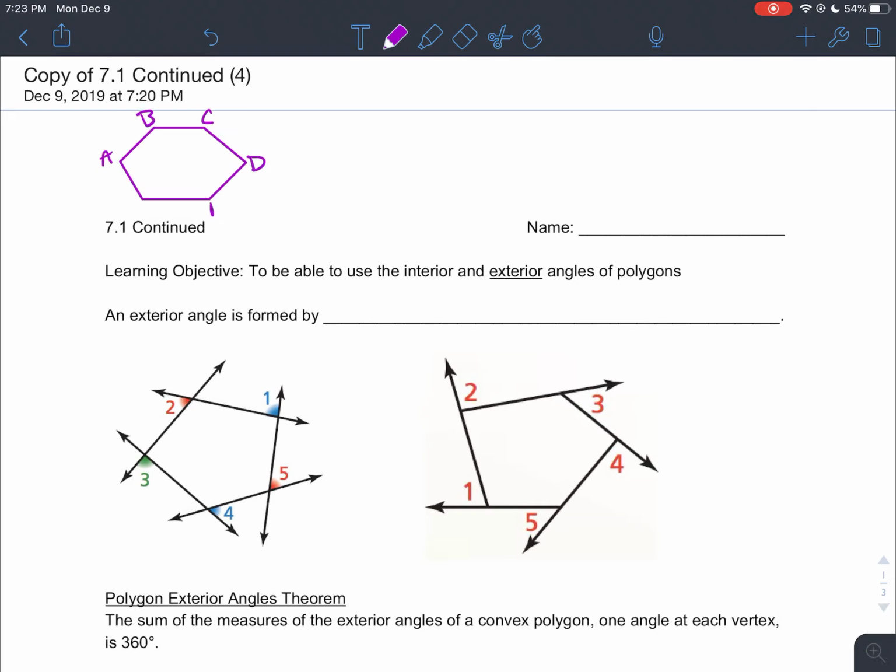If I add them all together, what number would I get? So if I take these figures and divide them into triangles, well, each triangle measures 180 degrees.